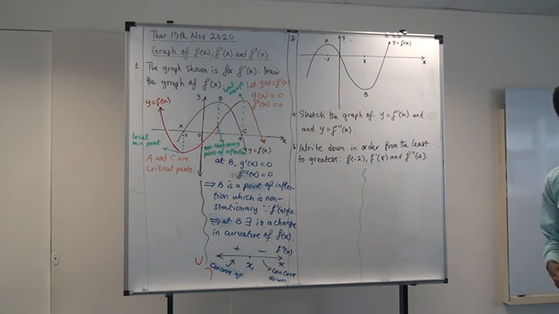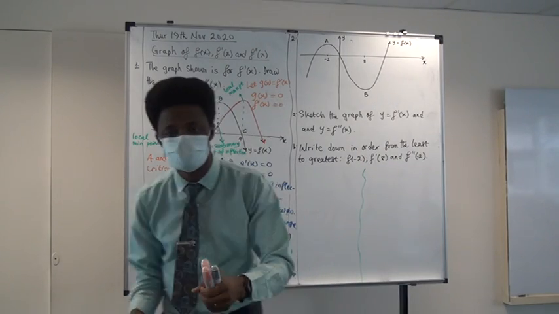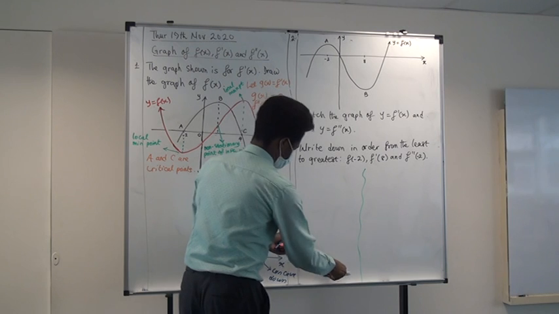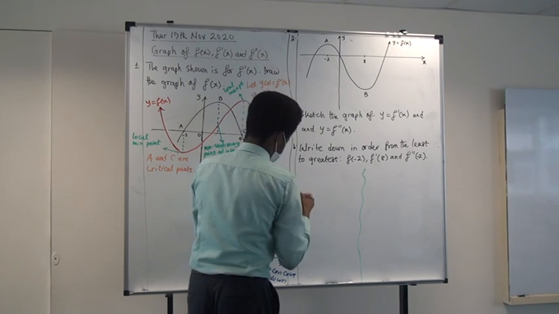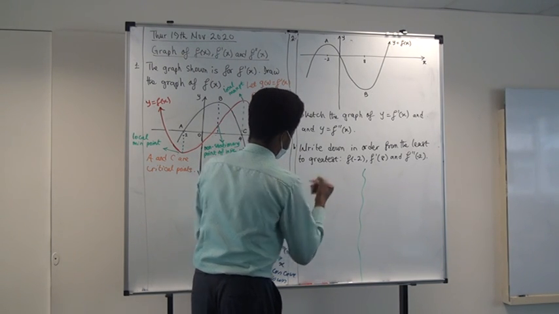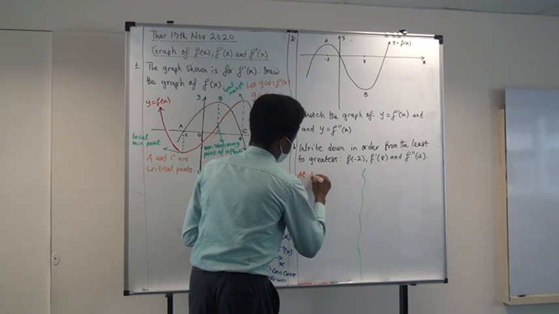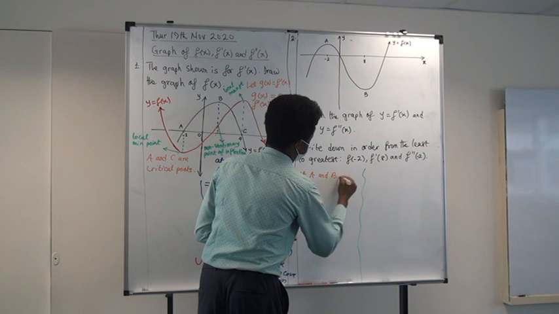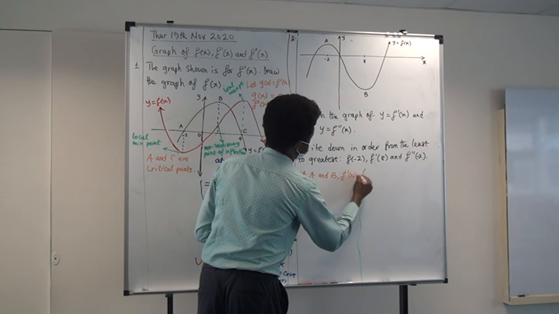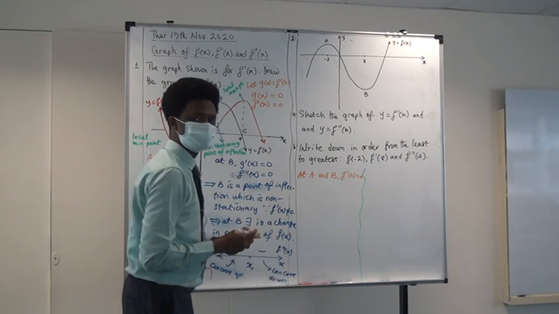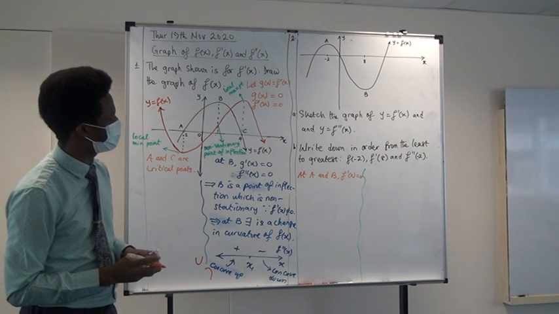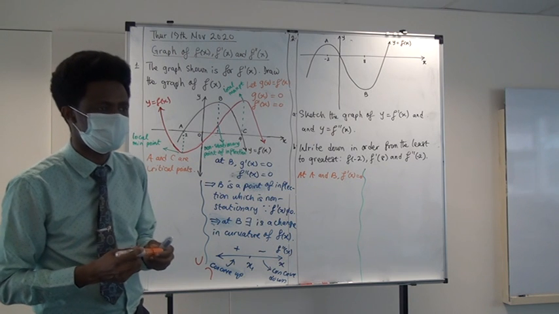At A and B, f prime x is 0. Say that again. At A and B, f prime x is 0. I will draw with red again. So let's use this. At A and B, what happens? F prime of x is equal to 0. Okay? So what is the implication of this?